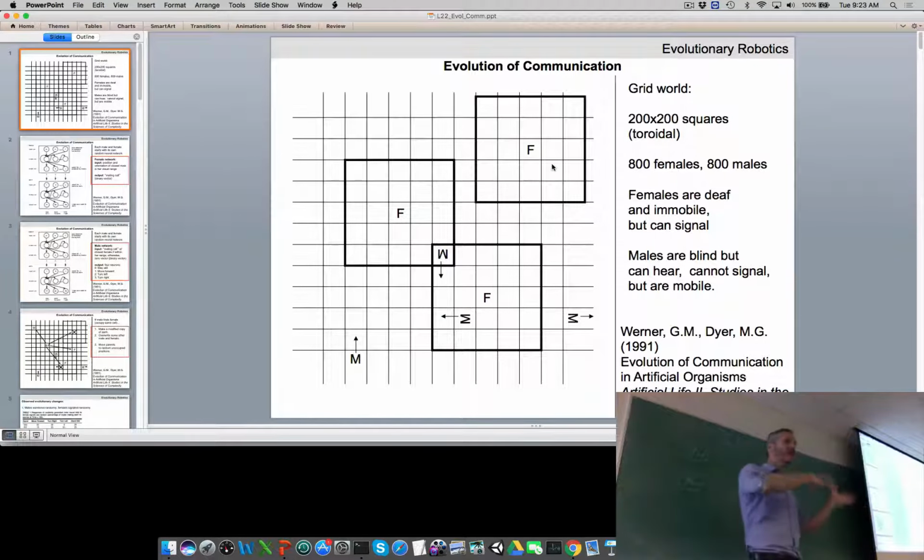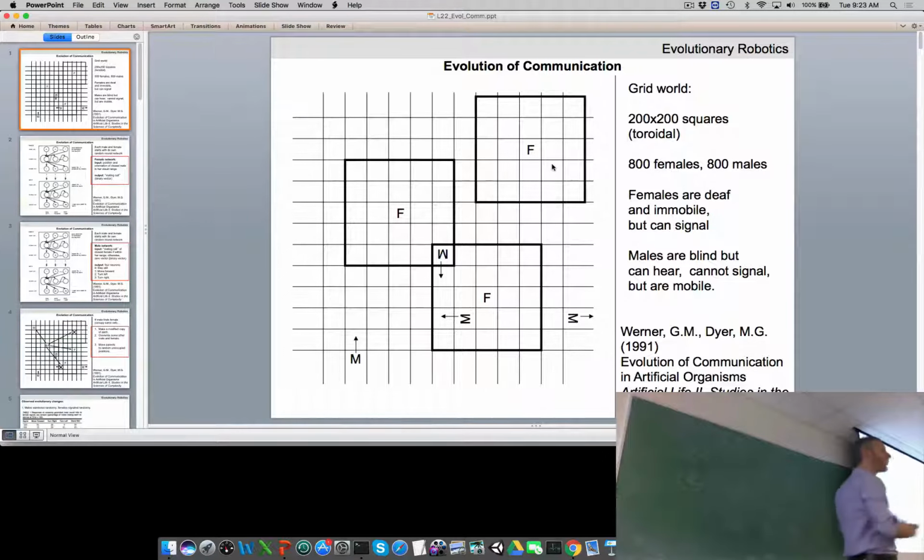And the males and females have different sensing and actuation capabilities. So the females are deaf. They're immobile. So once they're dropped in a cell, they can no longer move, but they can signal. And these larger squares are representing the area in which they can signal.